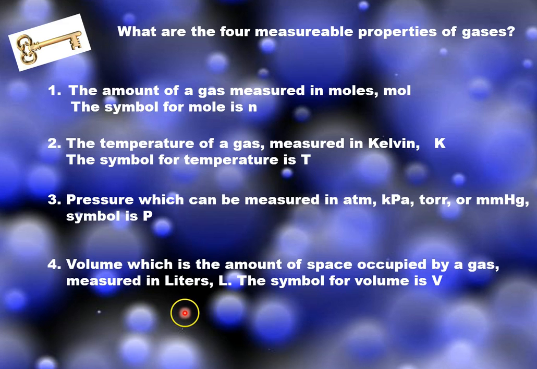It can be milliliters or centimeters cubed or cubic centimeter, but when you're talking gas volumes, you usually have large quantities of gases because they're so spread out because of the space between all of the particles. The symbol for volume as used in the equations will be a capital V.